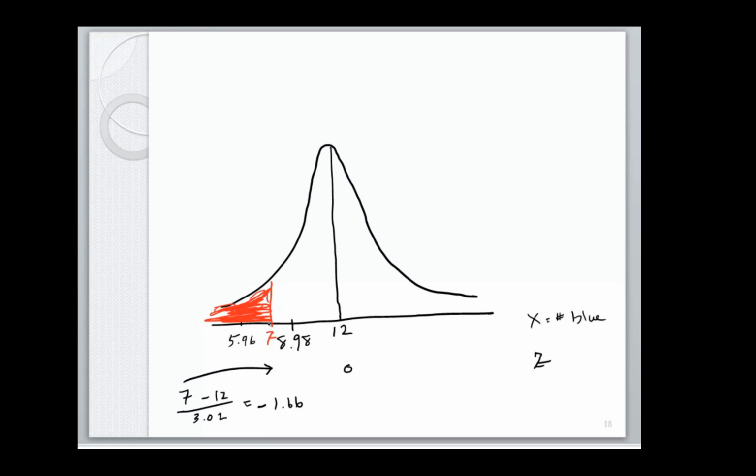If I look up negative 1.66 on the z-table, I get an area of 0.0485. So sloppy, 0.0485. So the probability is about 0.05, or 5% of the time. We'd expect 7 or fewer blue M&Ms from 50 trials.